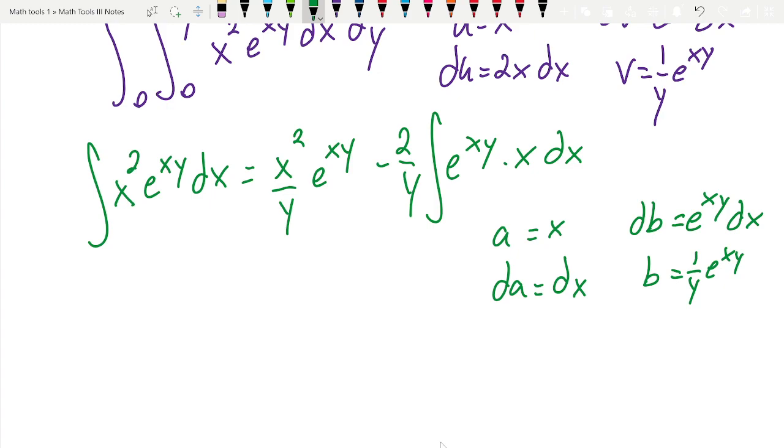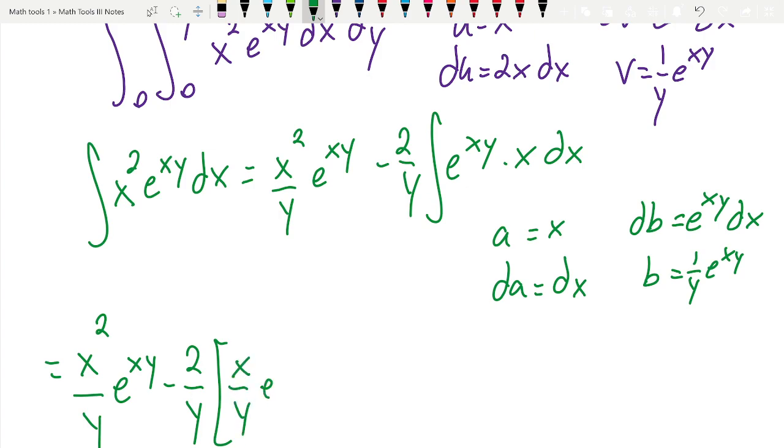So then this is going to be equal to x squared over y e to the xy minus 2 over y times x over y e to the xy, a times b, minus b dA, so 1 over y e to the xy dx.